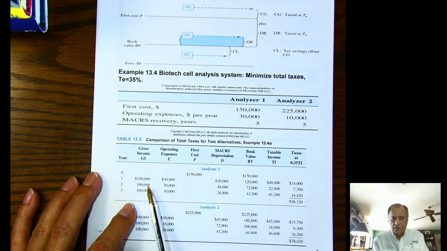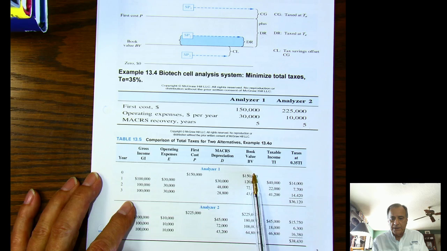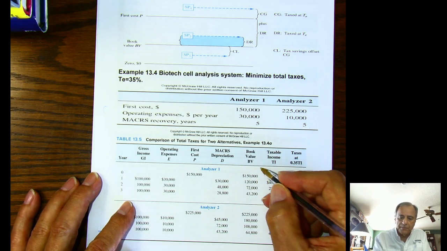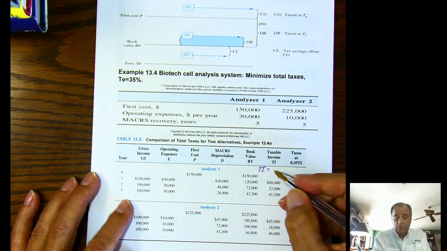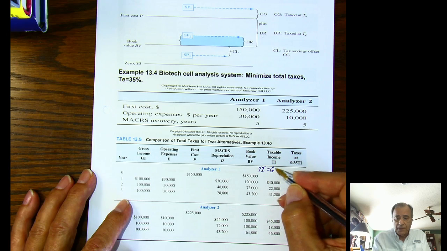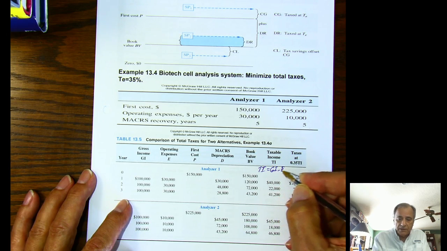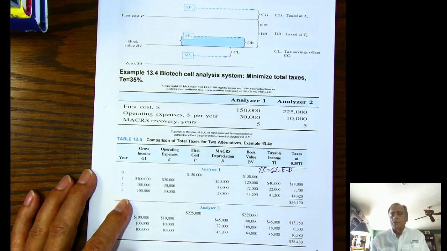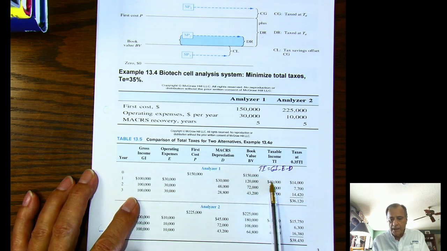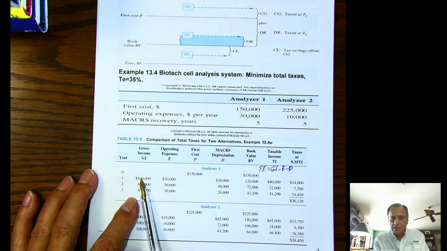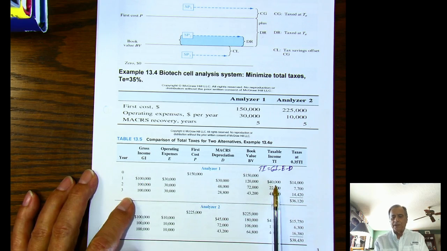So from the gross income to get taxable income, remember the equation I just presented, and we presented it last time as well: gross income minus expenses minus depreciation. So when I subtract expenses and depreciation from gross income, I get 60,000 subtracted from 100,000, which leaves me with 40,000.